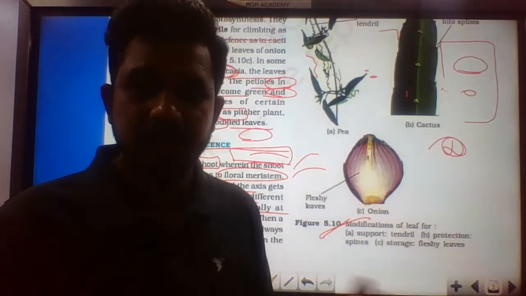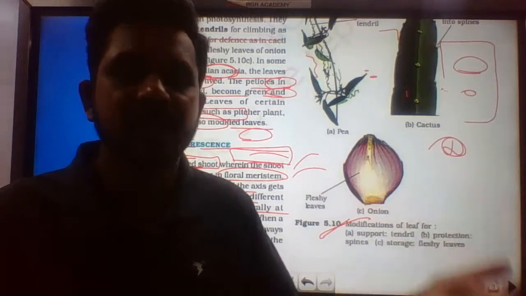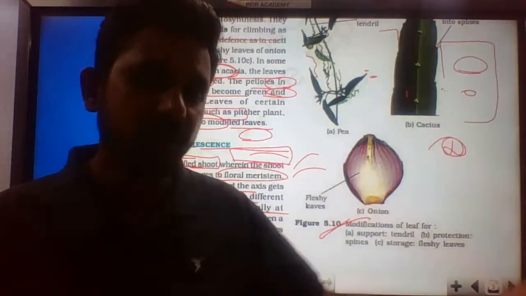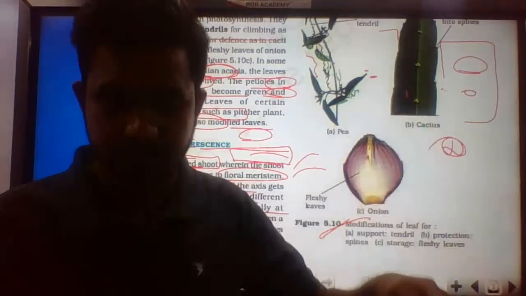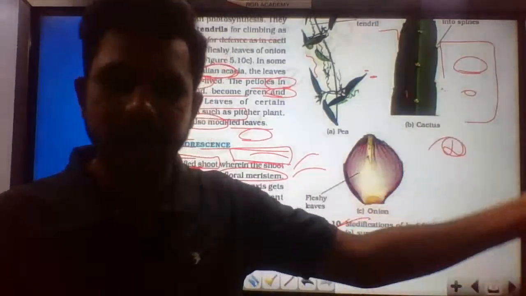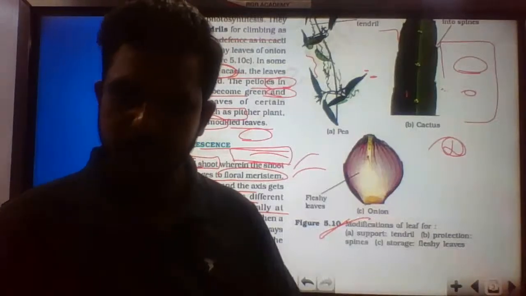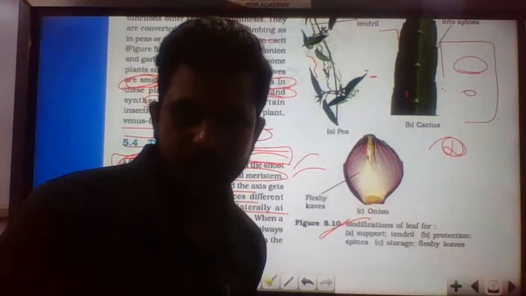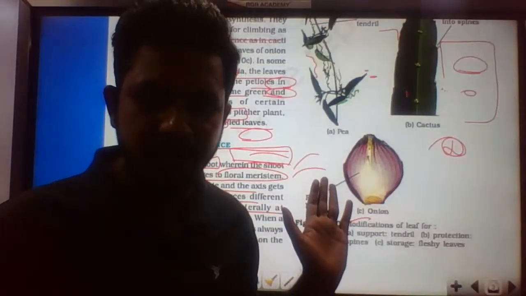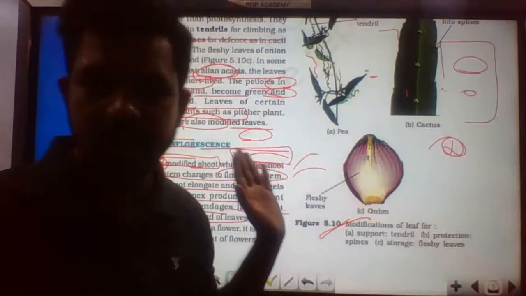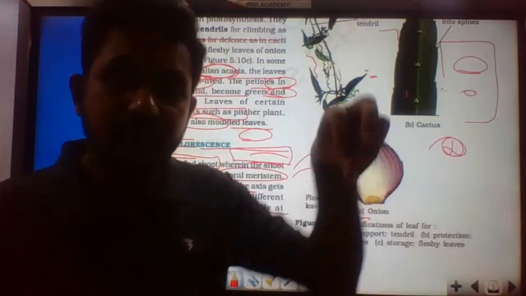That is called the sink region. Wherever there is a sink, food should be transported from where it is synthesized. So from where it is synthesized, it is transported to wherever the food is needed and stored, and it may be stored in the modified part also. We saw the modified part of leaf in onion and garlic, which are modified to store food.